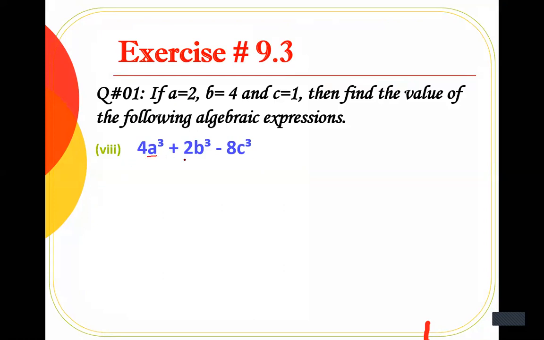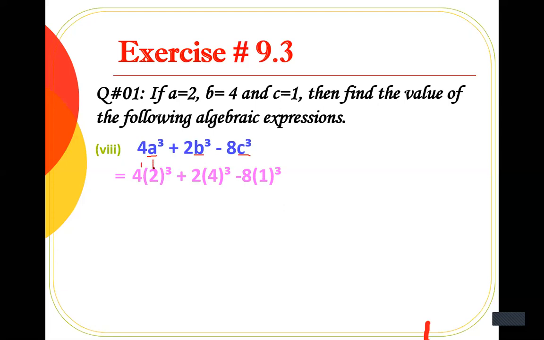So first you will replace the values of these variables, but you will replace them by writing the values inside the brackets. So how will you write it down inside the bracket? In this way. You will simply write your coefficient 4, then place bracket before writing your variable's value.